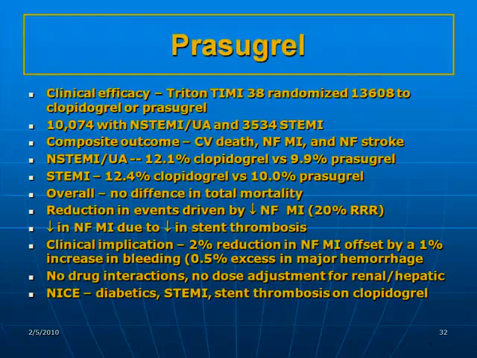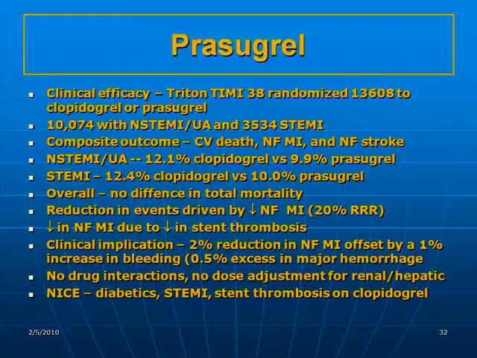13,000 patients were randomized, about 3,500 had STEMI, the other 10,000 had non-STEMI or unstable angina. The composite endpoint was cardiovascular death, non-fatal heart attack, non-fatal stroke. Prasugrel reduced that risk by about 2%. 2 patients per 100 had fewer heart attacks.